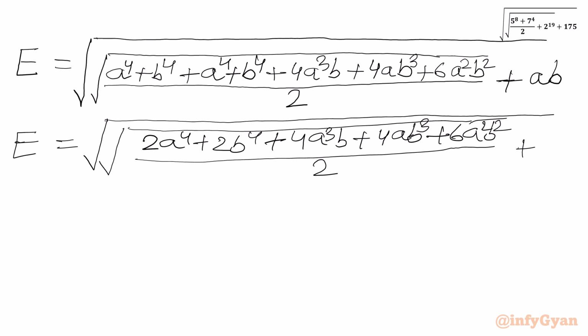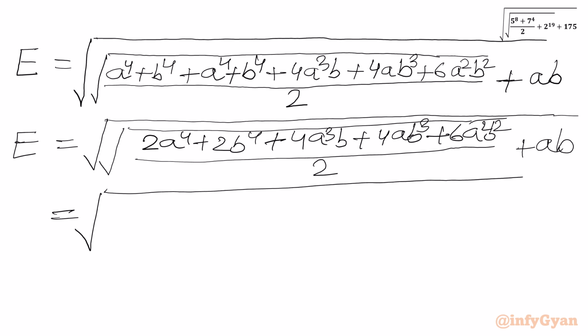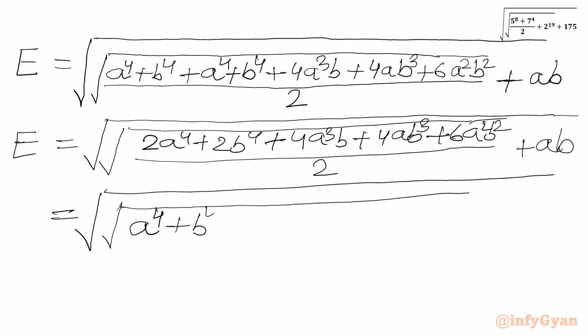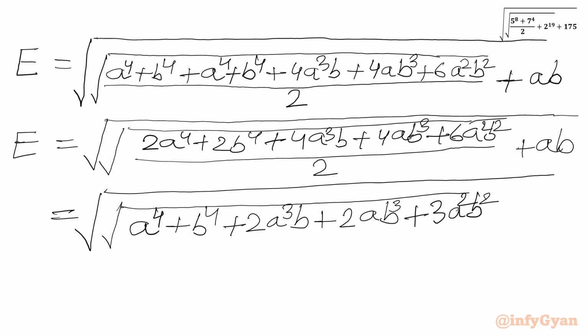Then we have plus AB here. Now numerator is divisible by 2. Let's divide. So I will write A power 4 plus B power 4, 2A cube B, 2AB cube, 6A square B square over 2, so I will write 3A square B square. Then we have plus AB.